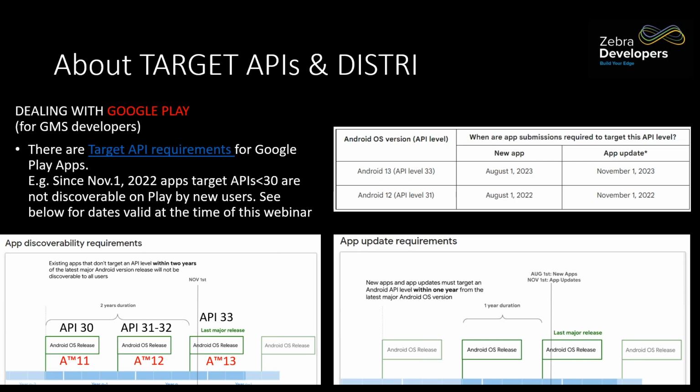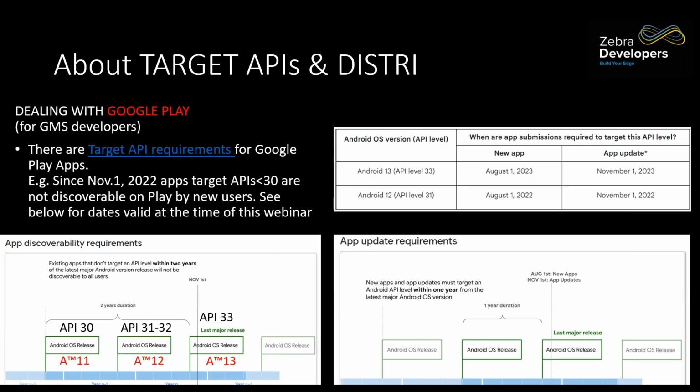You can see in the upper right side of the slide that today the latest version, API level 31, is required both for new apps and for updating an app.